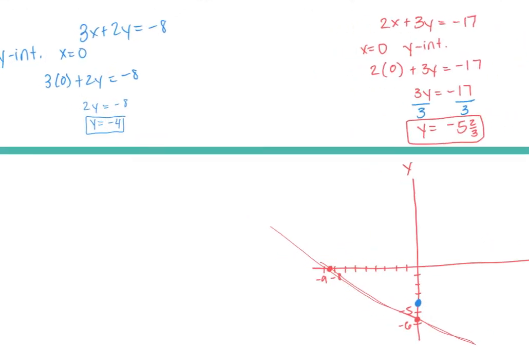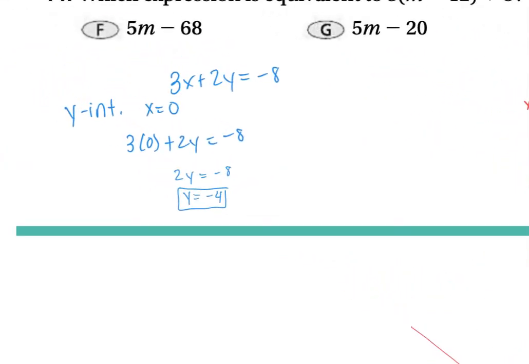Okay? Next one. Nicole, in order to find my x-intercept, what do I have to do? Yes, y equals 0. And then it would be 3x plus 2 times 0 equals -8. Awesome.